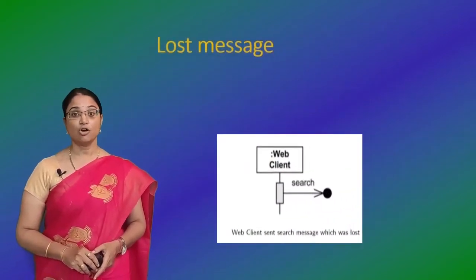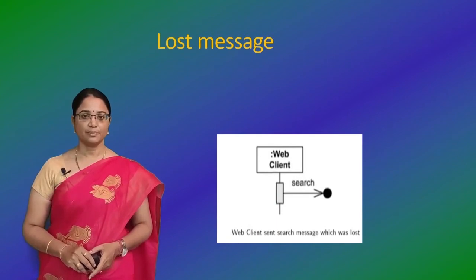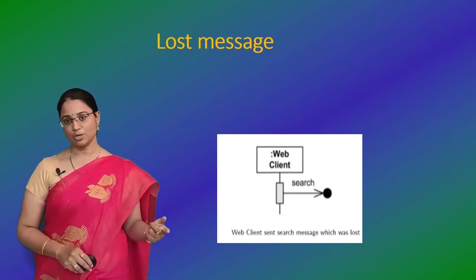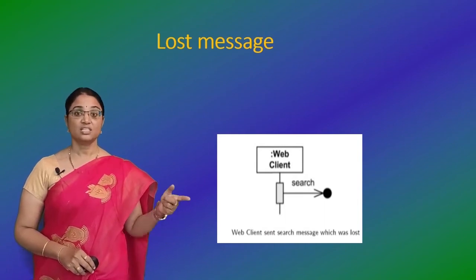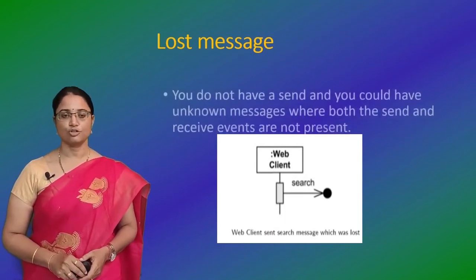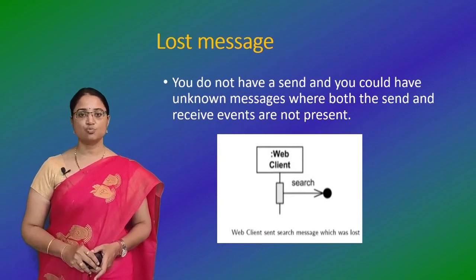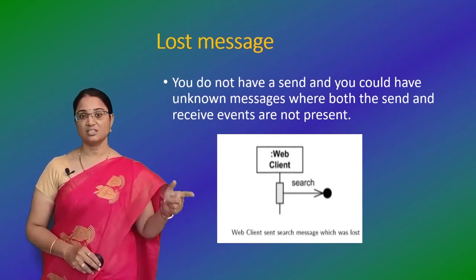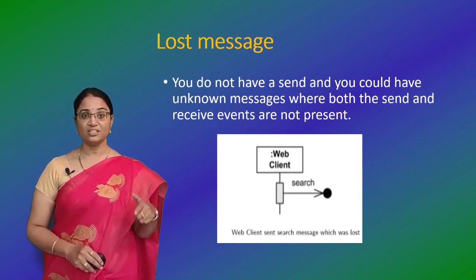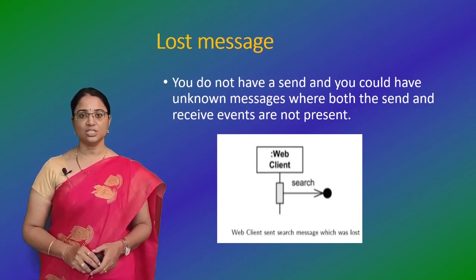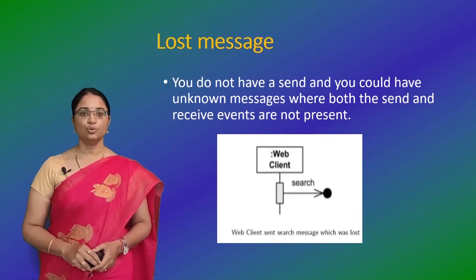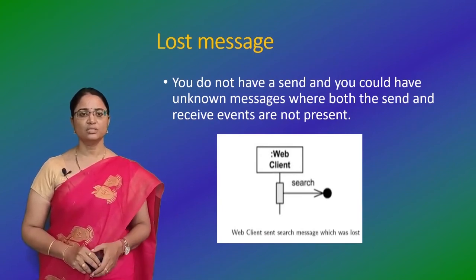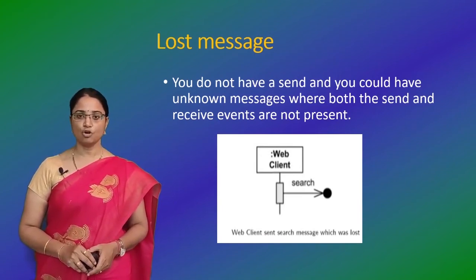Next, coming to lost messages. Sometimes if you send an SMS to a particular person but it does not reach, it is lost in the network. Such messages are known as lost messages. A lost message is one where you have just the send and you do not have a receive. Found is where you just have the receive and you do not have a send. You could also have unknown messages where both the send and receive events are not present.